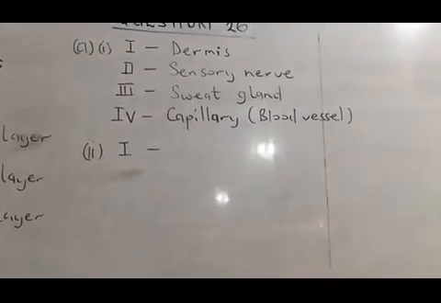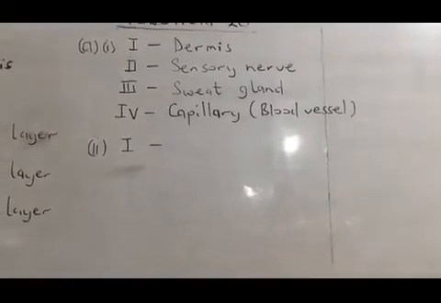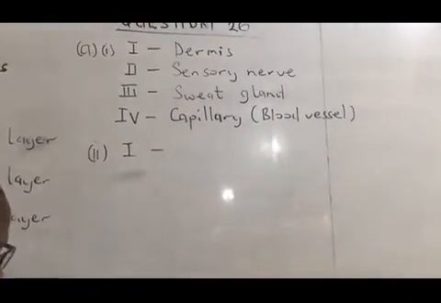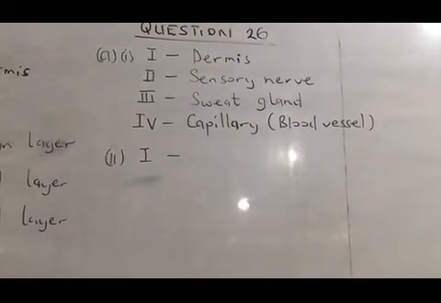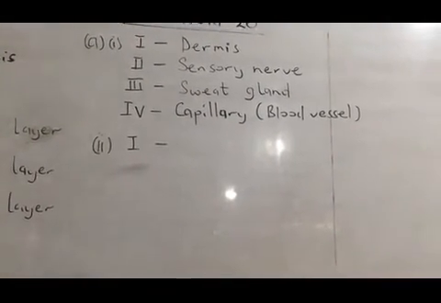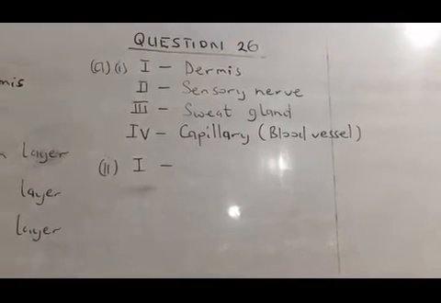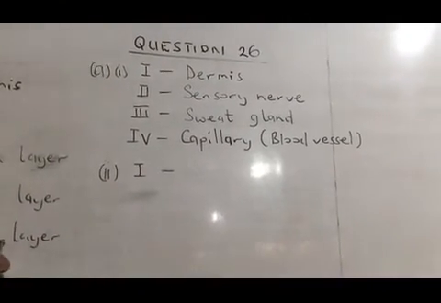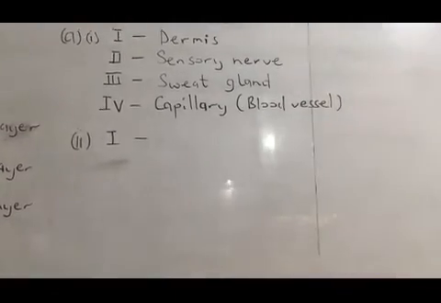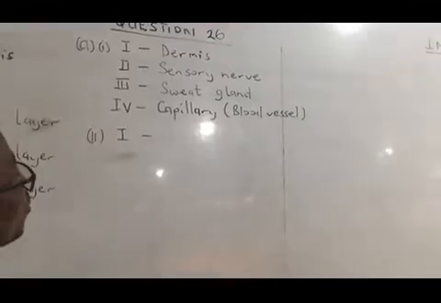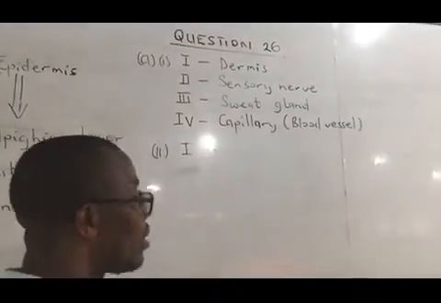But in the dermis, we also have what we call the adipose tissue. I talked about adipose tissue when we were looking at fats and food and nutrition. I told you that excess lipids are stored in adipose tissue, and these adipose tissue are found in the dermis.